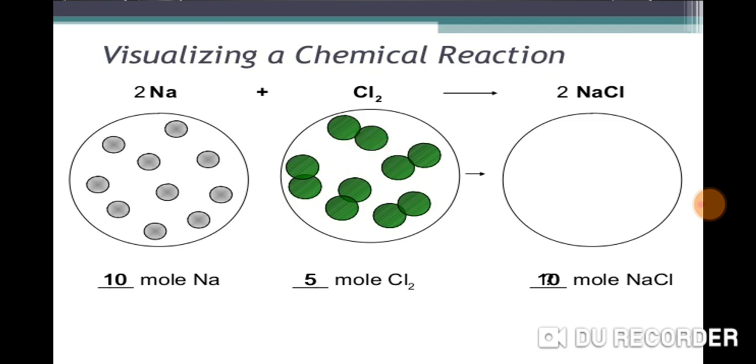When these two react, a product is formed, that is sodium chloride having 10 moles. It means 10 grams of sodium chloride. I hope you understood this chemical equation visually, what was happening inside when sodium was combined with chlorine.